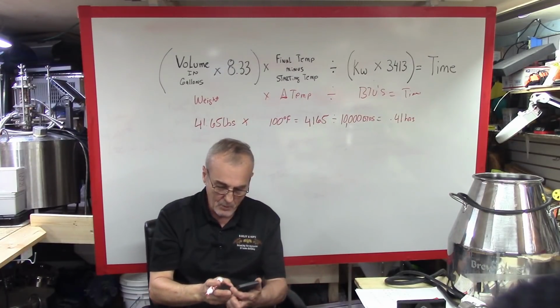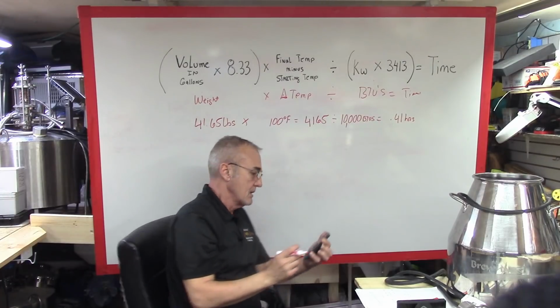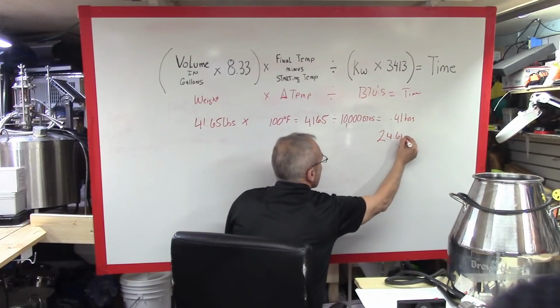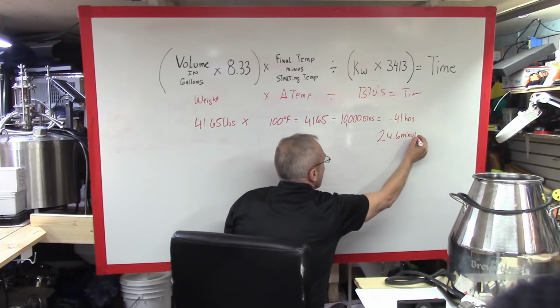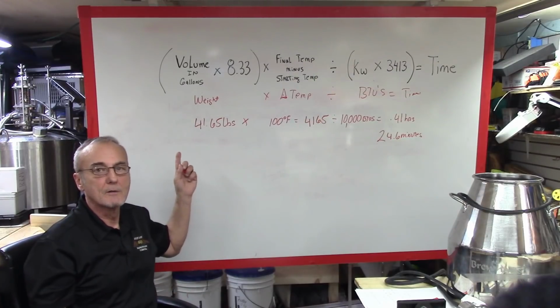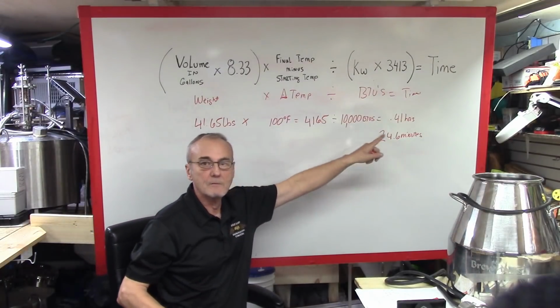All right, 60 times 0.41 equals 24.6 minutes to heat 5 gallons of water by 100 degrees using a stove.